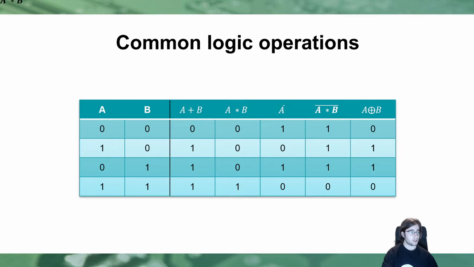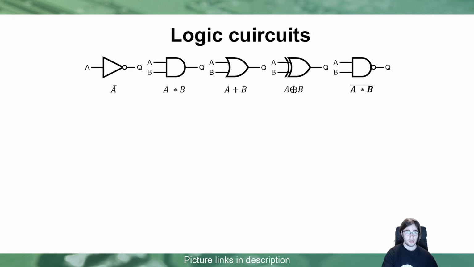And that's just a little bit of an explanation for logic operations. And of course, we want to have the whole thing as circuits also, because we're gonna make circuits out of that, basically, to actually transform that into transistors later on.